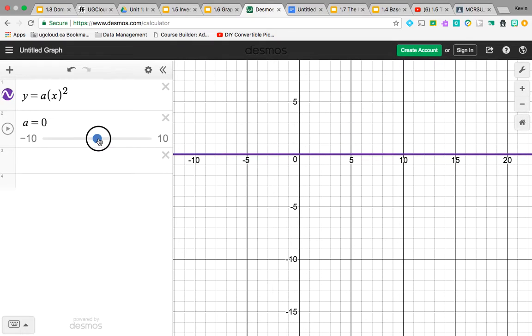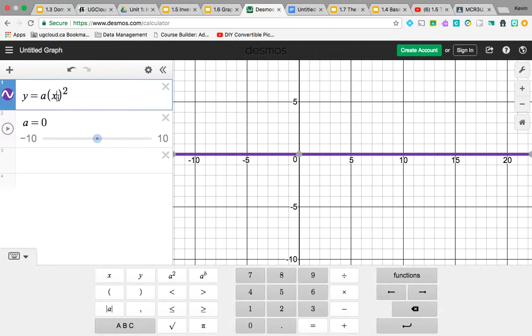And if you look at it, it's actually just vertically stretching. It's timesing all the y values by that number. But we call it vertical stretch. And then if it's negative, it just opens down. And so this is very similar to a quadratic you saw last year in grade 10.